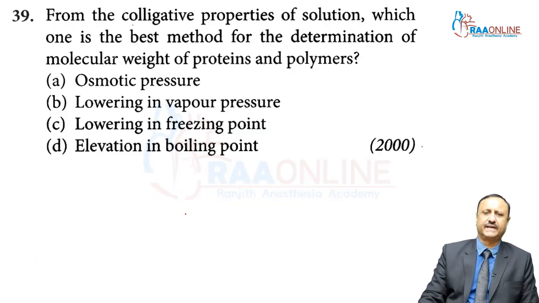Now my dear students, we can see question number 39, and this question is also asked in NEET 2000. From the colligative property of solution, which one is the best method for the determination of molecular weight of proteins and polymers? Here, molecular weight of proteins.